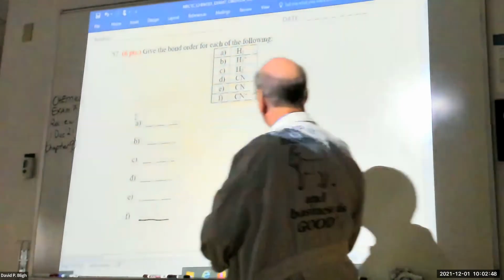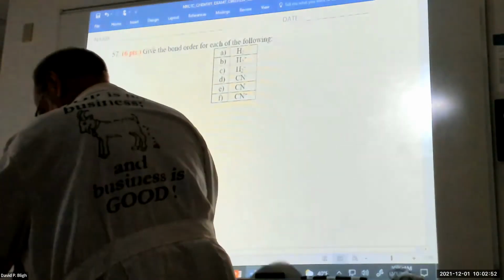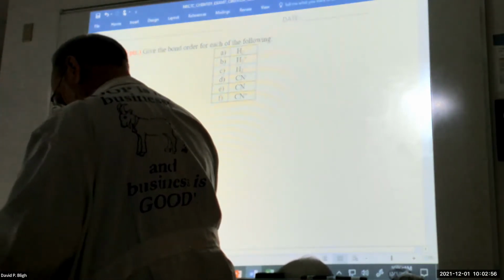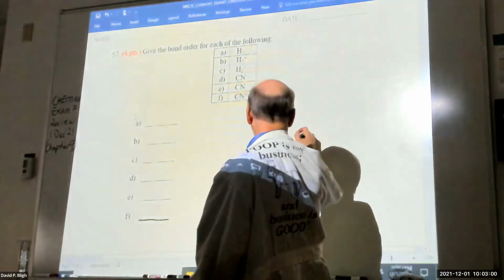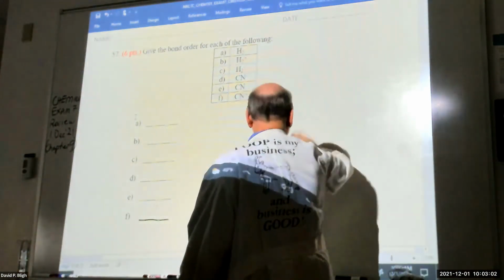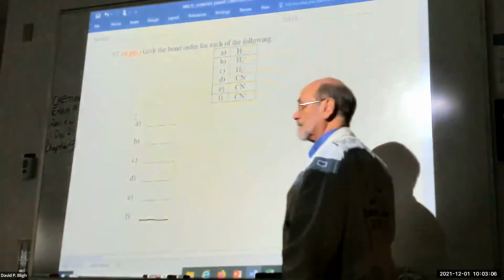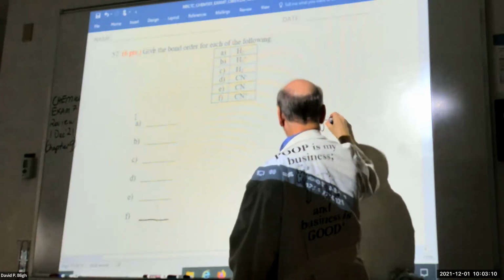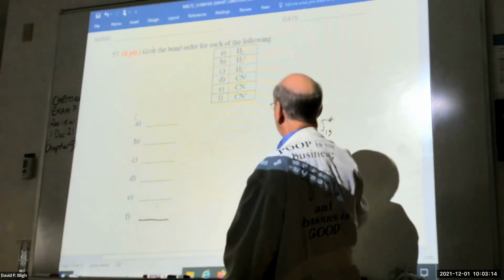Okay, bond order for each of the following. Well, hydrogen's easy because it's just sigma from the 1s. That's it, and it's got 2 electrons in it. The next would be sigma star from the 1s, in case we make an ion.